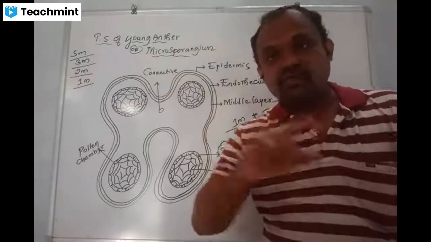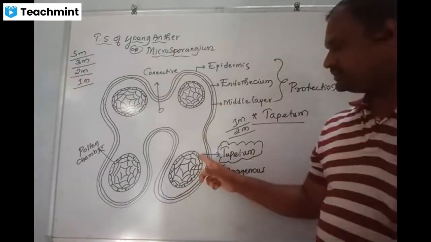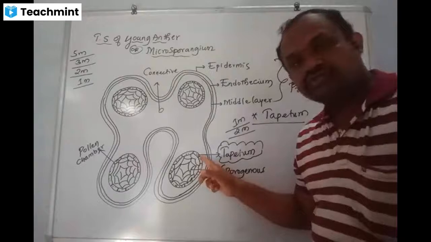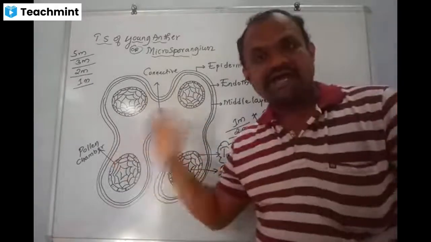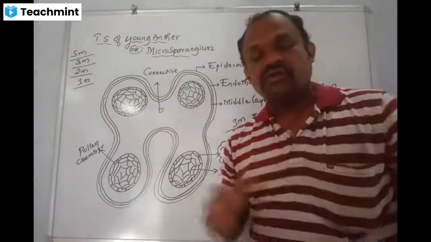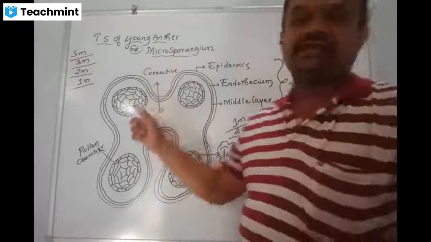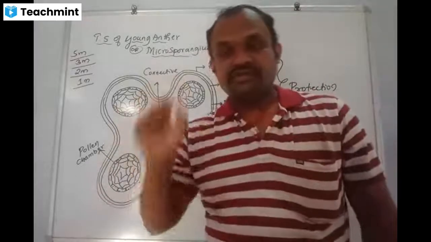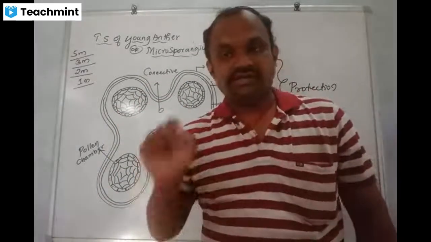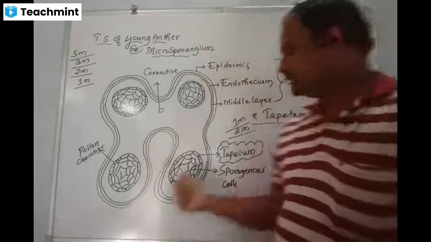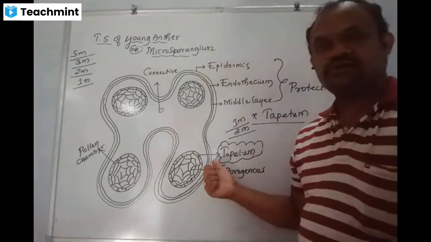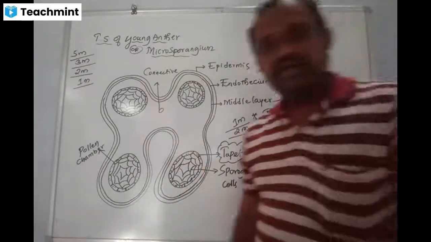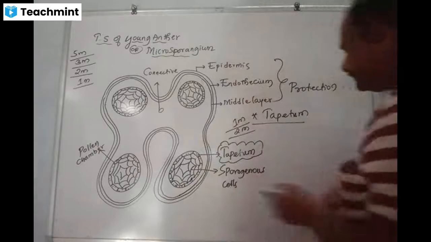The tapetum is the innermost layer of the young anther. The fourth layer of the anther is the tapetum. Okay. Then about the function.